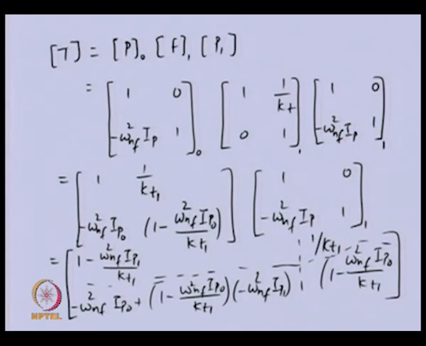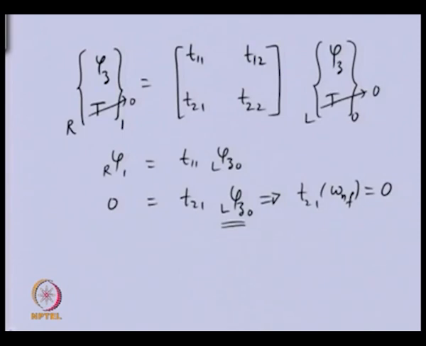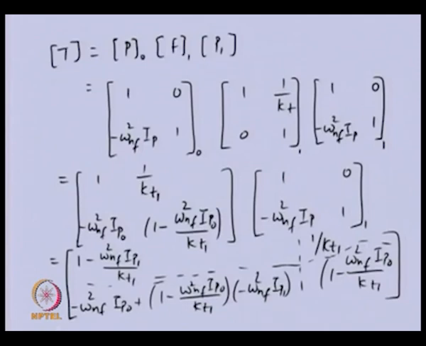Now you can see that if we go back, T21 is the frequency equation that needs to be equated to 0. So you can see that this particular equation is the frequency equation. We need to equate this equal to 0. If we equate this equal to 0, we will get two roots.